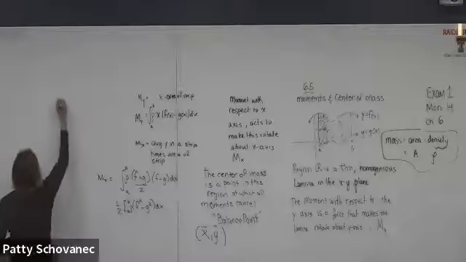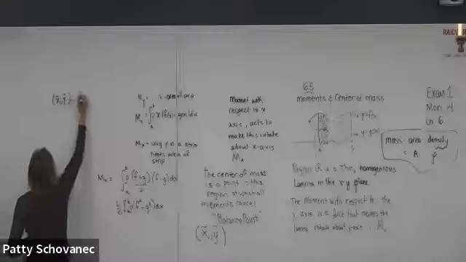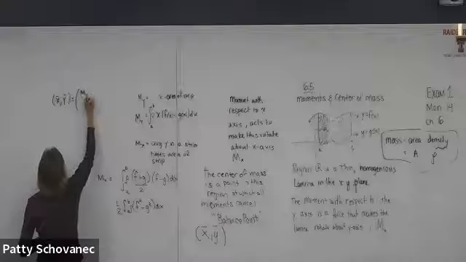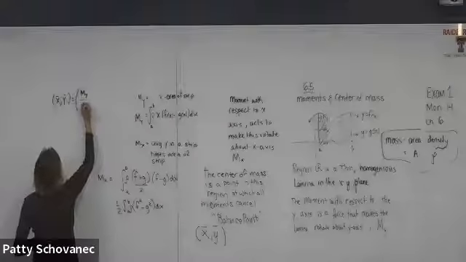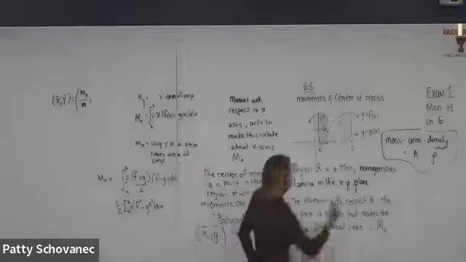Then to get the center of mass, we just form the average like this. The x bar is going to be the average distance from the y-axis divided by the mass. And that's a lowercase m.